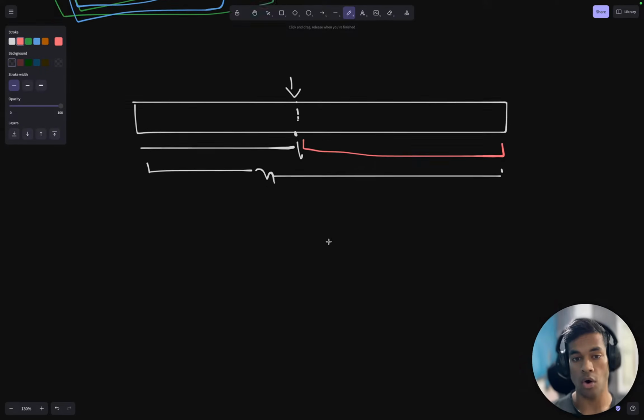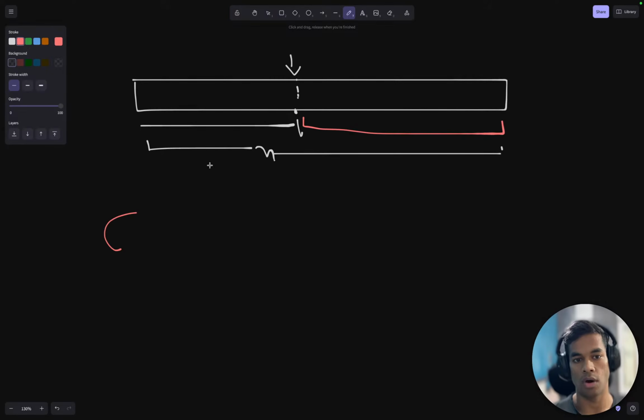And the cost of this choice is going to be, first of all, the cost for this part.